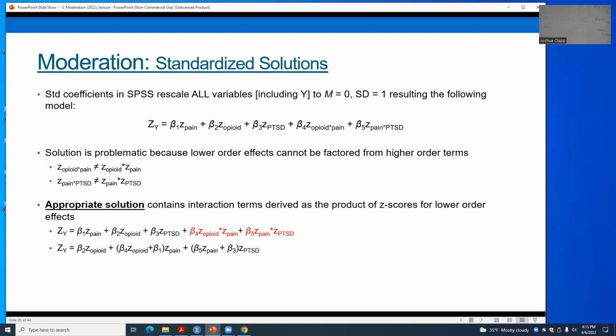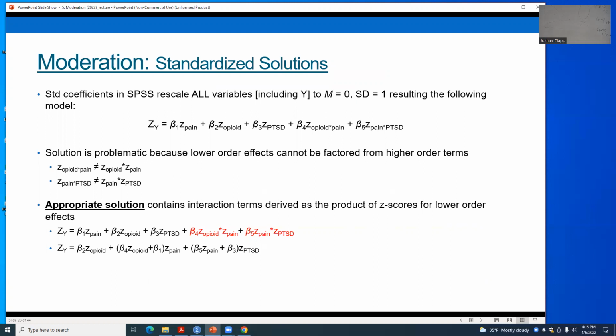So I have to create those interaction terms individually, like I did before. And then I just rerun a model with the z-score of my outcome on z of pain, z of opiate, z of PTSD, and the two interaction terms that I created with the multiplicative of that.